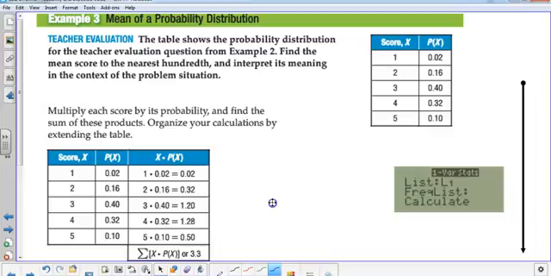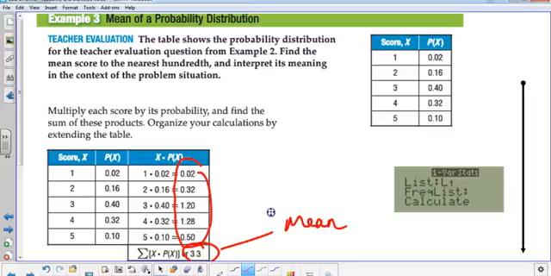All right. This is a question we just worked on. The score times the probability of that score, score times the probability, score times the probability, were these numbers. Then they added them all up. This is the mean.